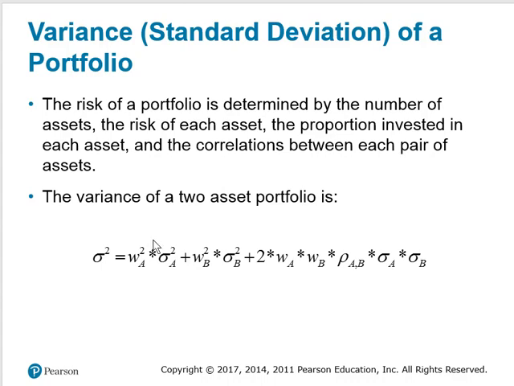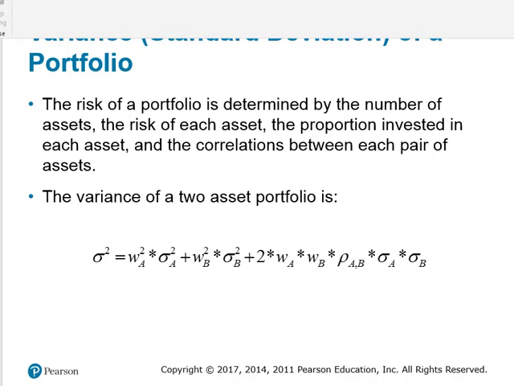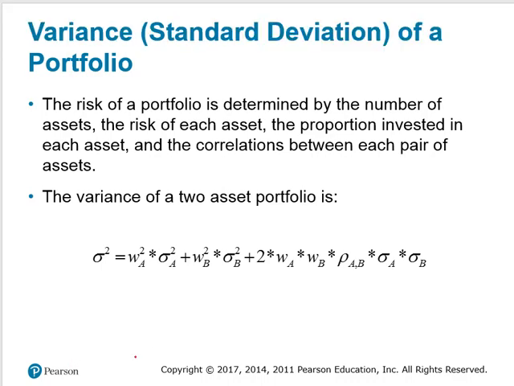To calculate the variance of a two-asset portfolio, I think it's just kind of important to take a look at the general formula, if you will, for a portfolio. So this first part, W sub A times variance of A, this is the risk that asset A brings into this portfolio.